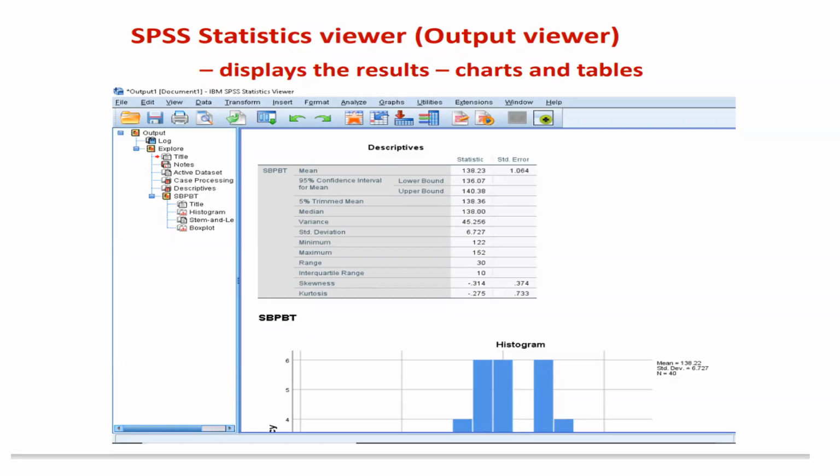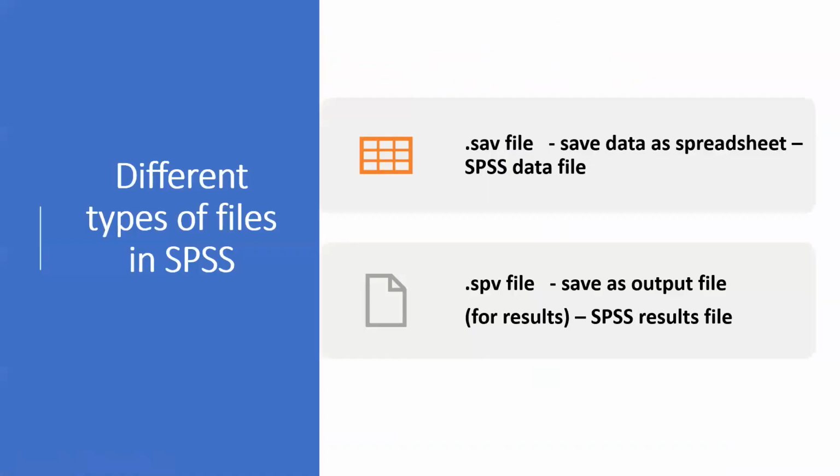I think Dr. Thomas has already discussed mean, median, mode, and other measures of dispersion like standard deviation, range, interquartile range, etc. Isn't it? So I'm not going to describe all these things, but whatever is important, I will. And it displays charts and tables also. So you see the example here, you can see the histogram. So this is the output view.